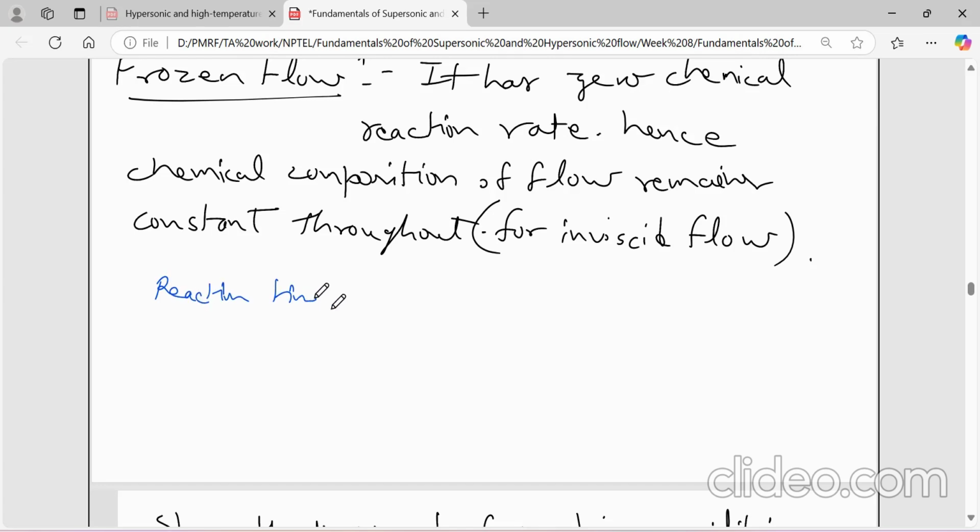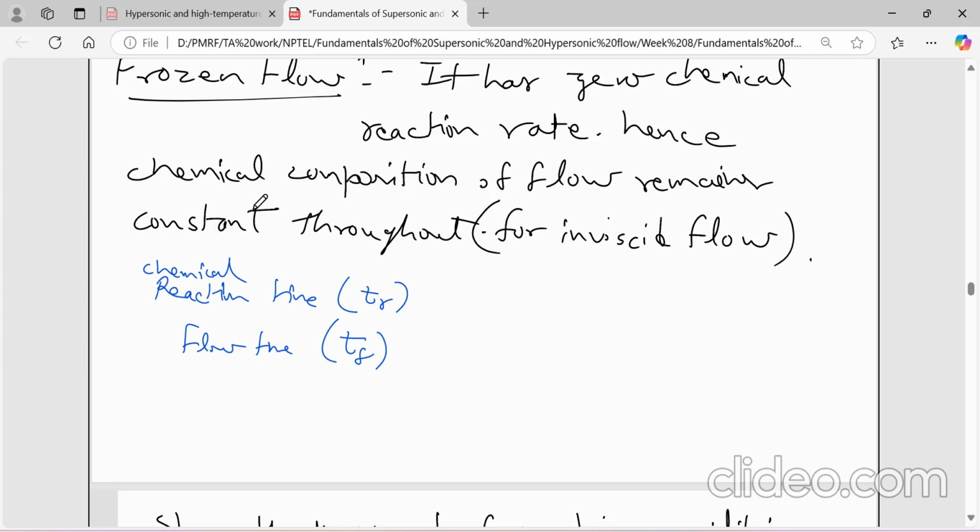Reaction time and flow time. Let's say this is TR and this is TF. If it reacts, then this is the chemical reaction time.